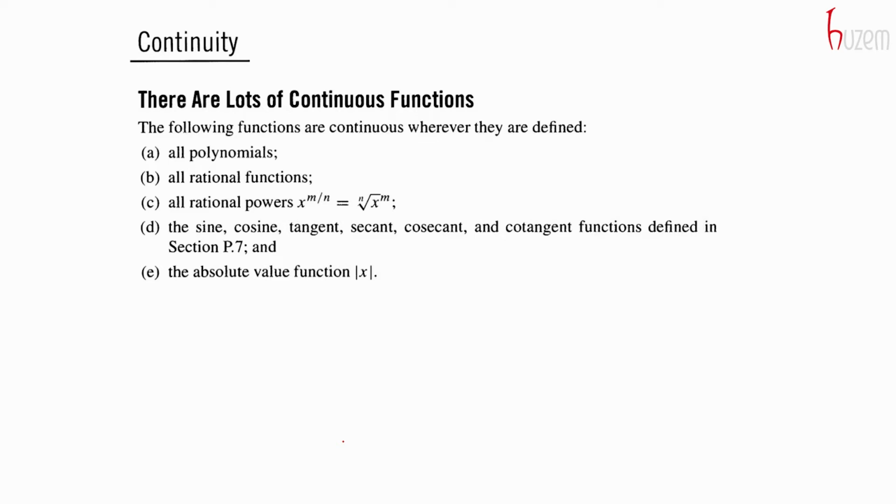But for the other functions, we have to check that they are defined in order to talk about whether they are continuous or not. So the claim is that all these rational functions, rational powers, all these trigonometric functions, and absolute value function, they are all continuous as long as they are defined on an interval.